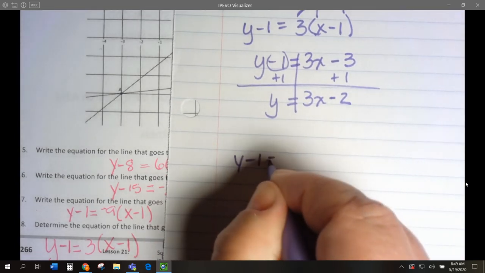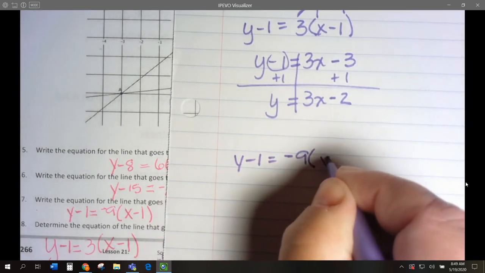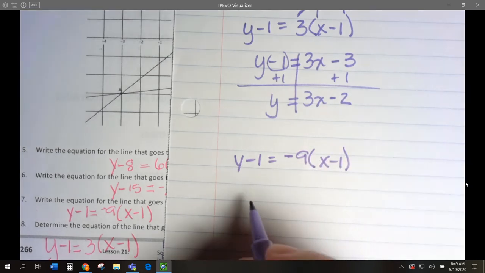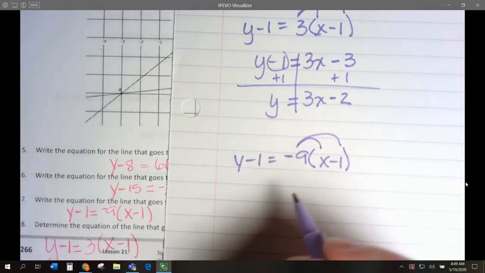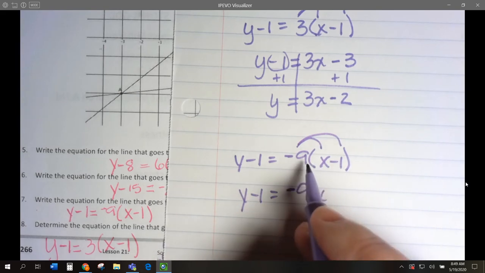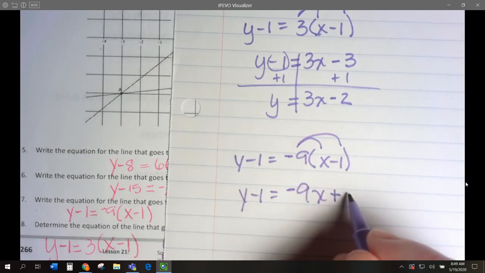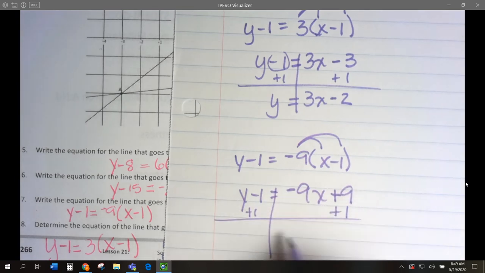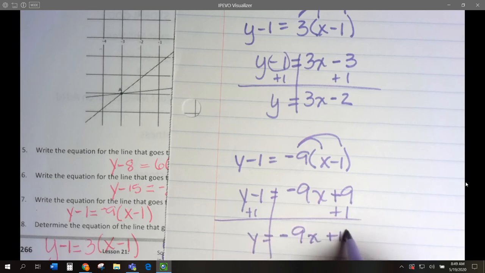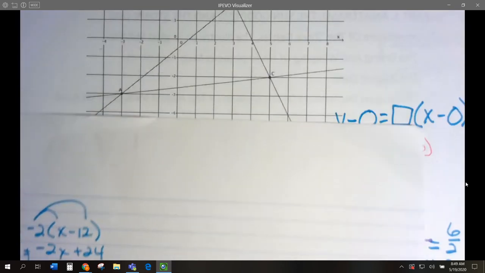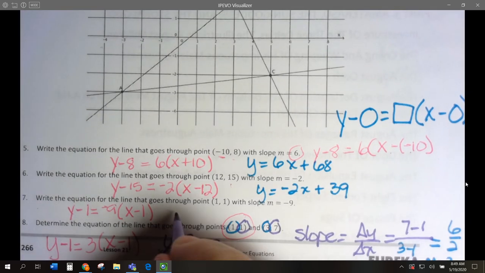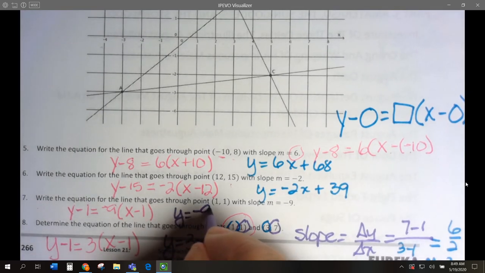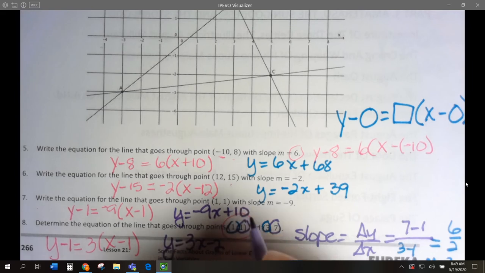Y minus 1 equals -9 times x minus 1. Distributive property. Negative times a negative is a positive. Now we have to add 1 to both sides. So this is going to be y equals -9x plus 10.